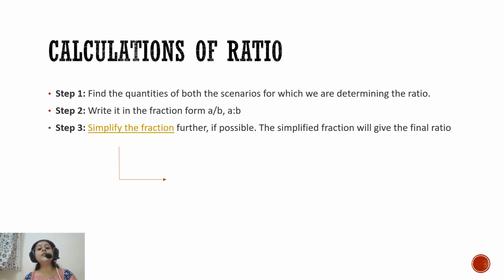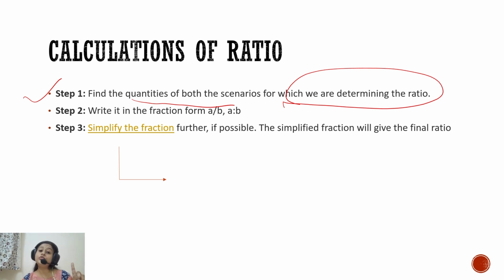Now, how do we calculate a ratio from any given amounts? What is the technique of calculating ratio? What are the steps? In the first step, you first need information about the quantities or amounts or numbers of both the scenarios. Just as in our previous example, we had numbers of boys and girls, absolute numbers or absolute quantities of the two scenarios for which you are determining the ratio. So the first step is you must have two quantities or two numbers for both the scenarios.